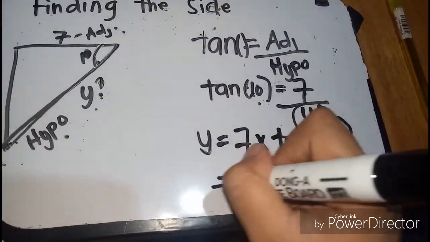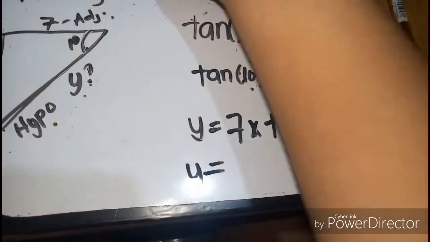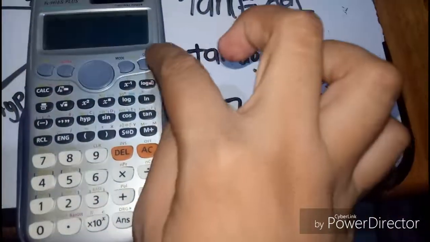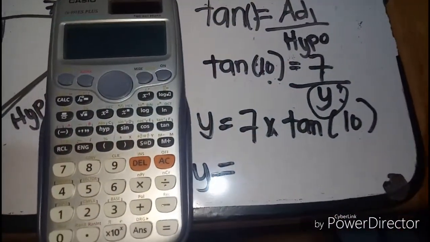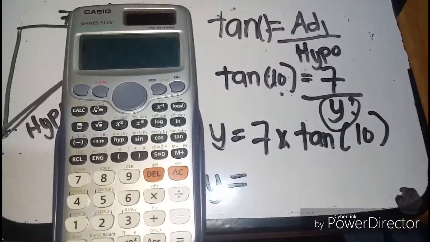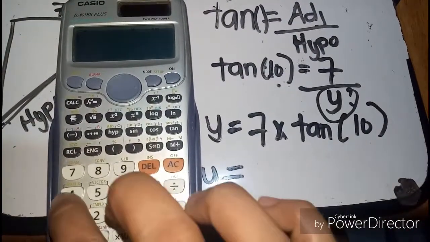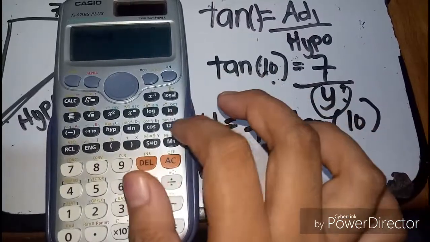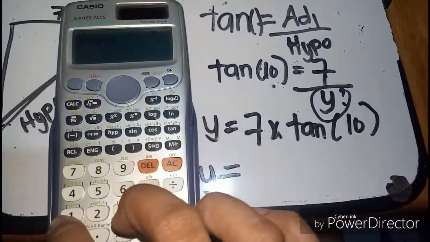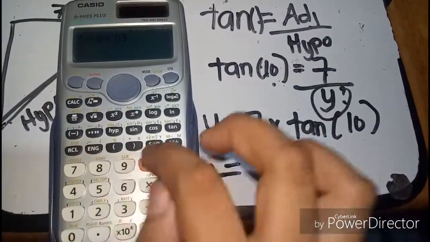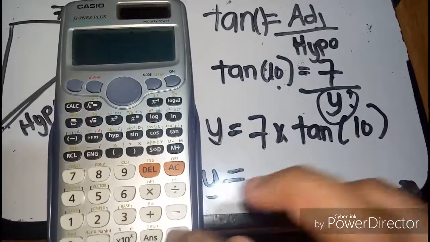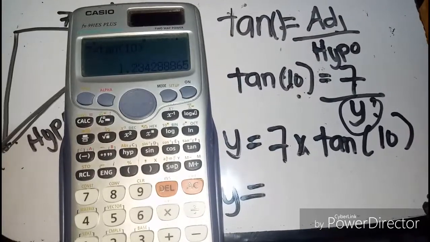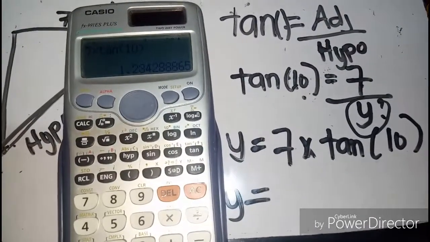Again we're going to use the calculator. 7 multiplied by tangent of 10 equals 1.234288865.